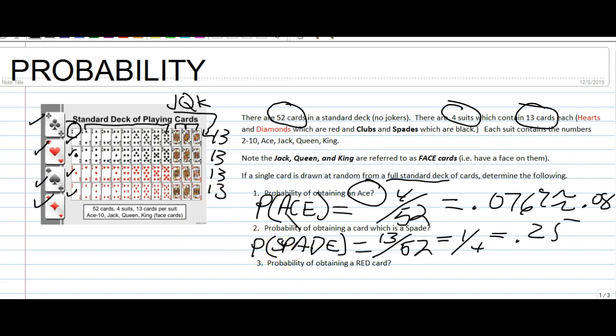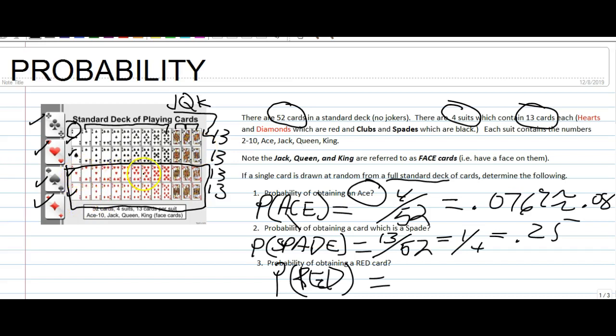What is the probability of obtaining a red card? So success here is defined as obtaining a red card. So all of these cards, hearts and diamonds, are red. So if I obtain any one of these cards, then what I want to happen has happened.